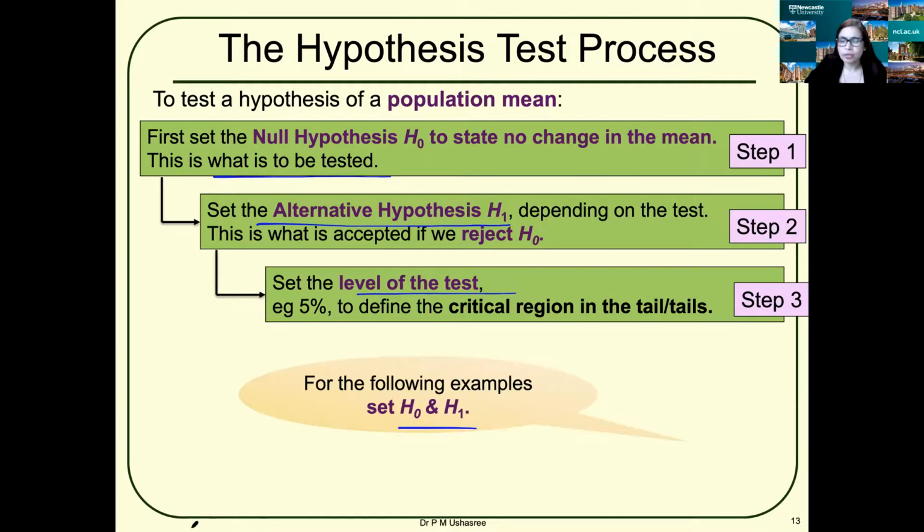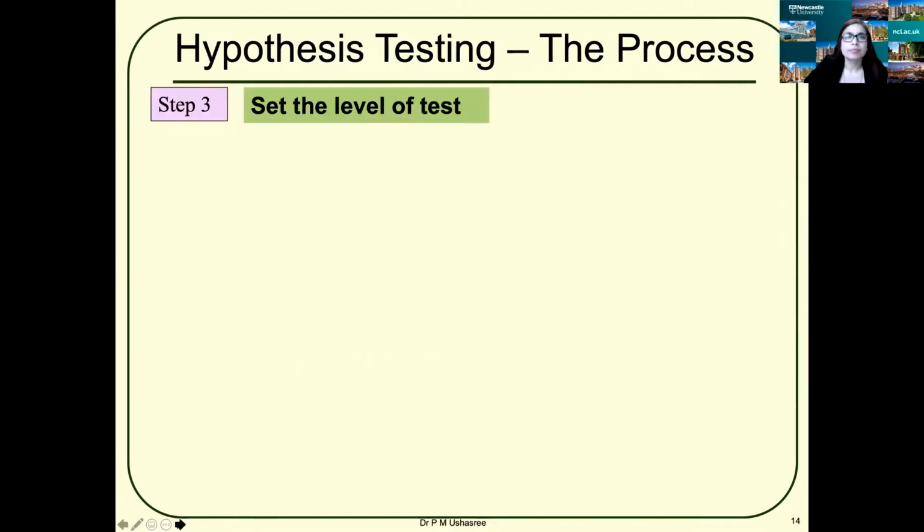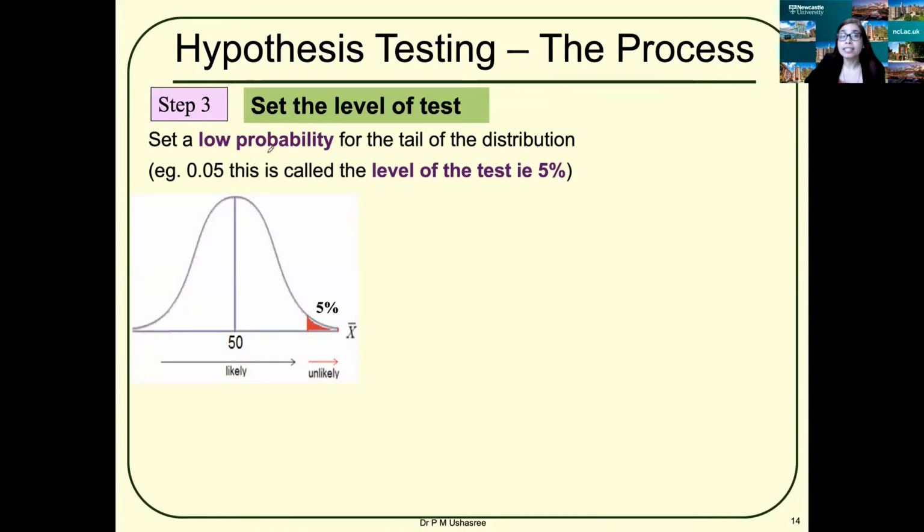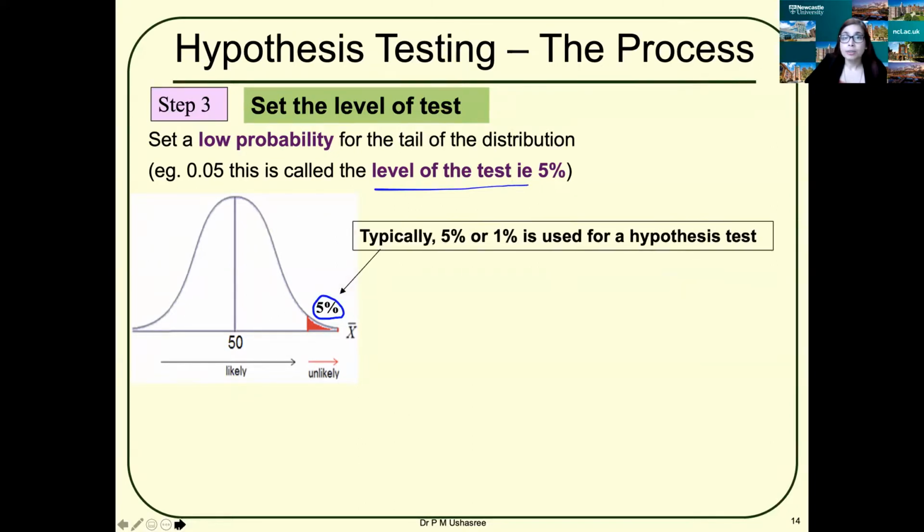Okay, what am I talking about here? What is setting the level of test? It is setting a low probability for the tail of the distribution. Here, 5% has been chosen as the level of test. Usually we choose 5% or 1% for a hypothesis test.